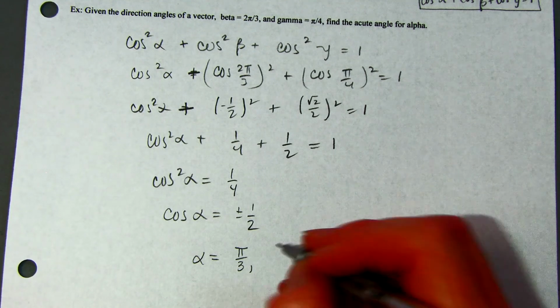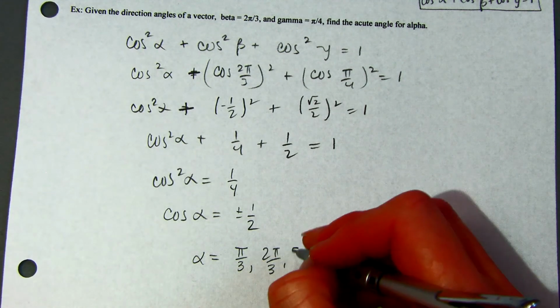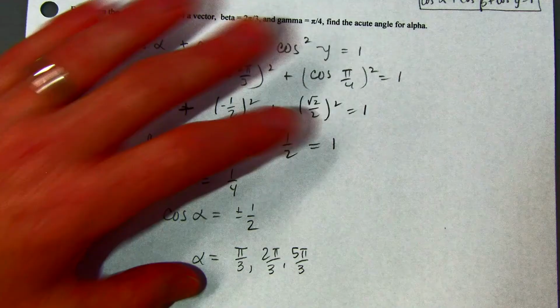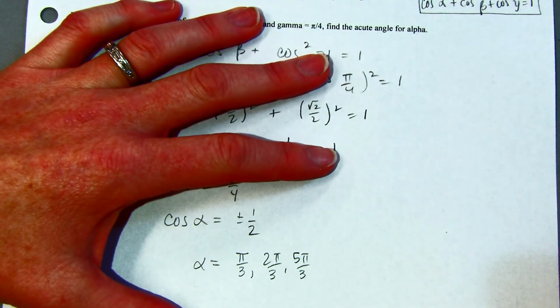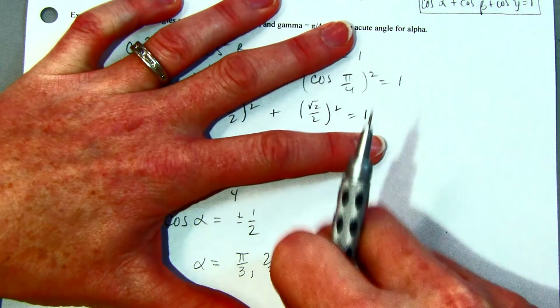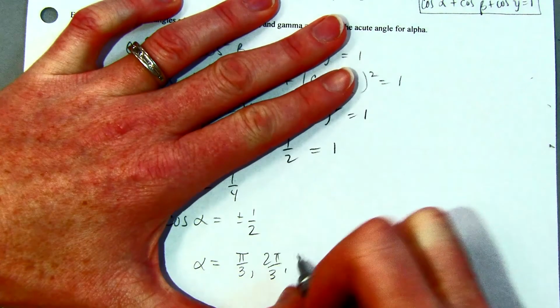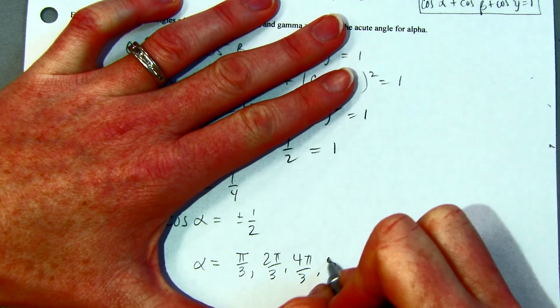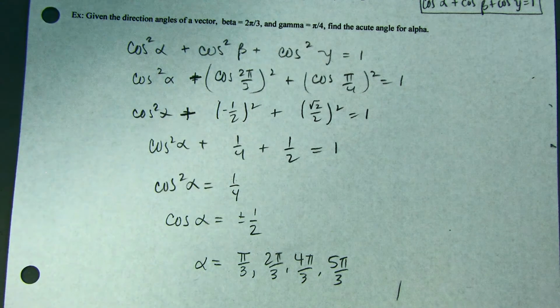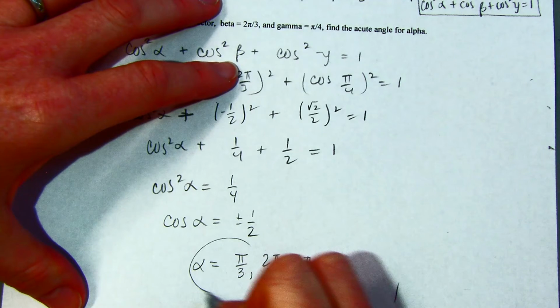So you've got all these possibilities. Oh, am I missing one? Pi over 3, 2 pi over 3. Four, thank you. Which one do I want? Yeah, the acute one.